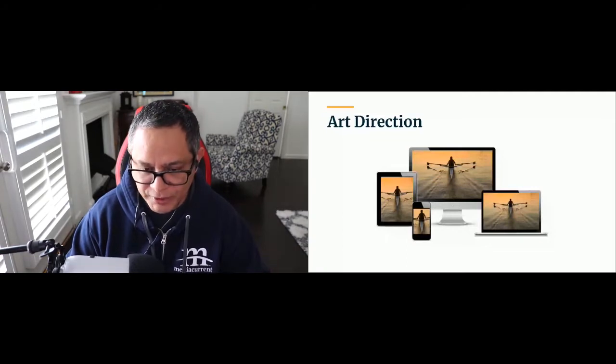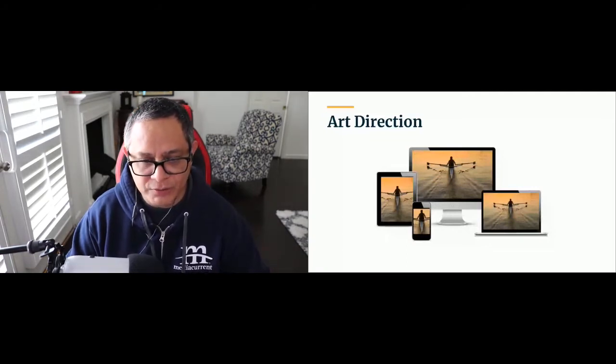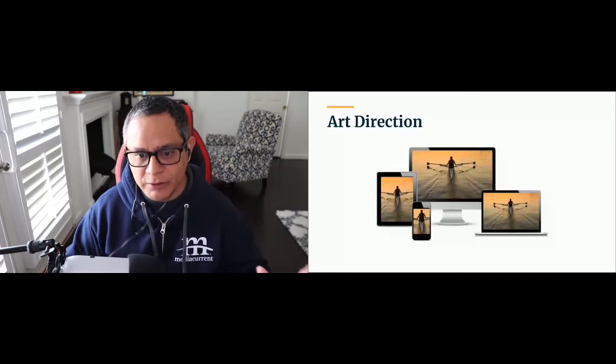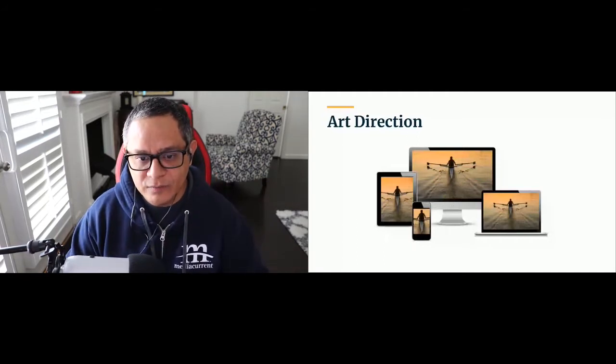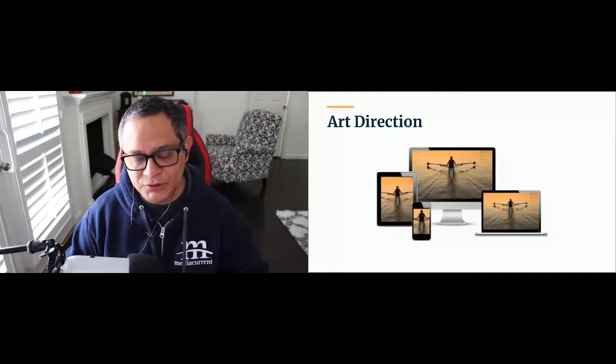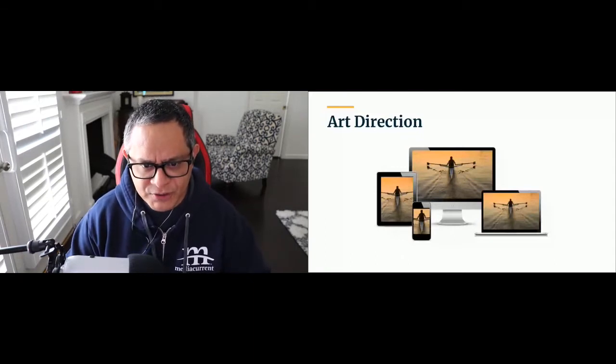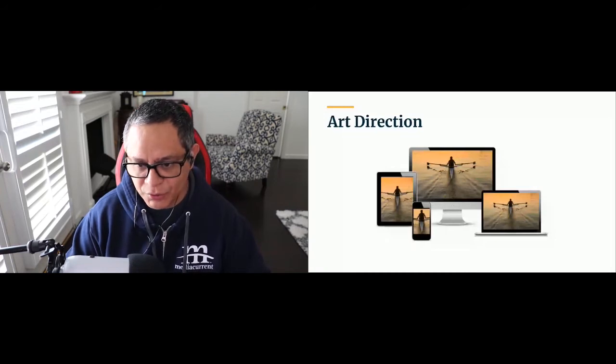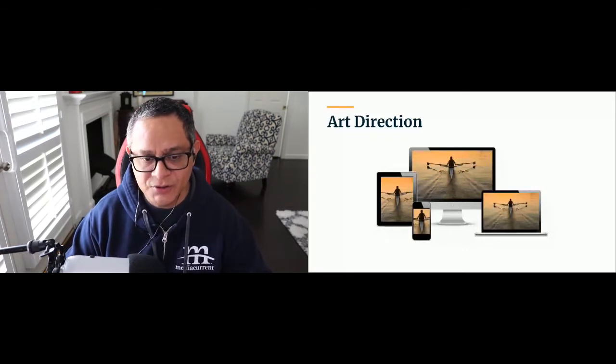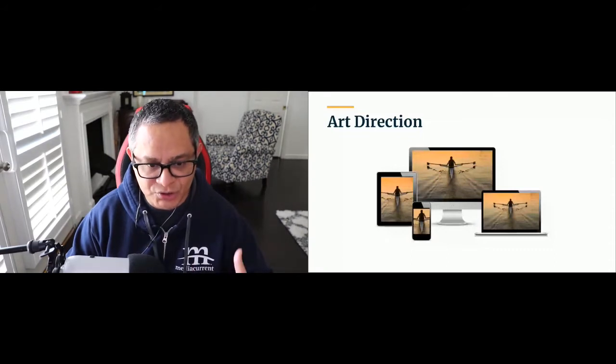There's more to it. But this visual here will give you an idea that when we have a large device, we have the luxury of displaying the entire image. As you can see on the desktop here, we have a full image. As the devices get smaller, we can start to focus a little bit more on what is the most important piece of this image. And then if you look at the mobile image here, you can see that the focus at this point is just the person in the image.